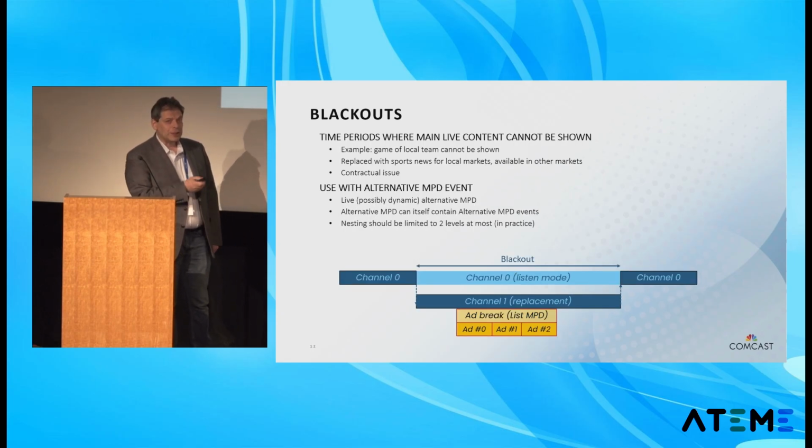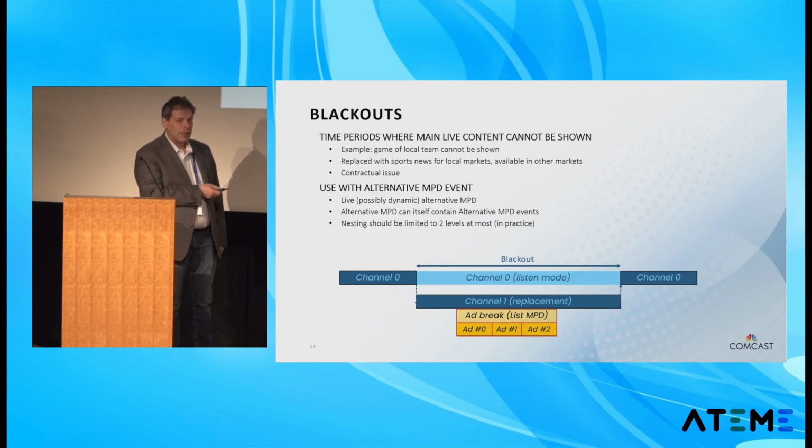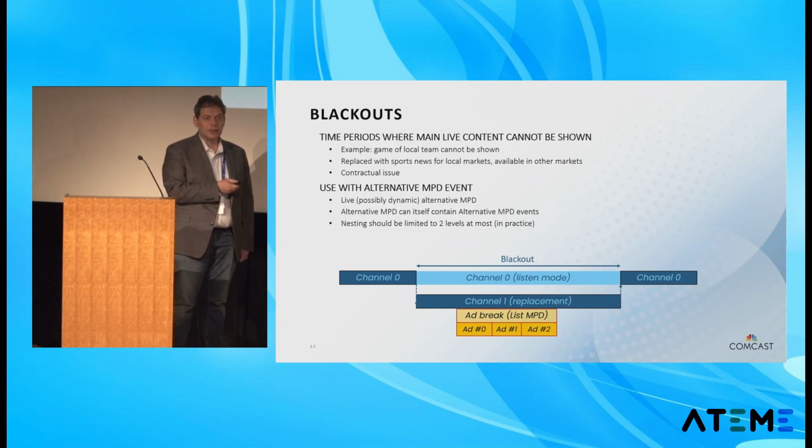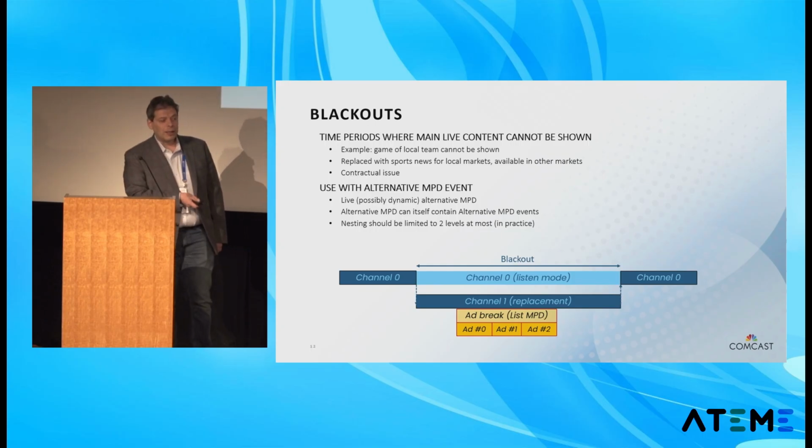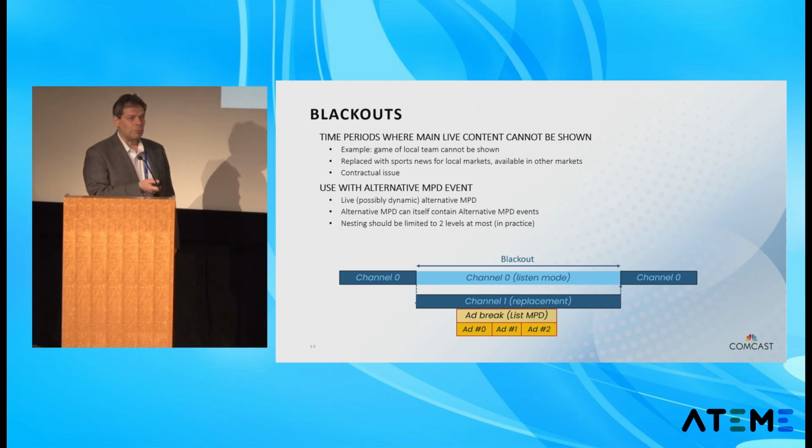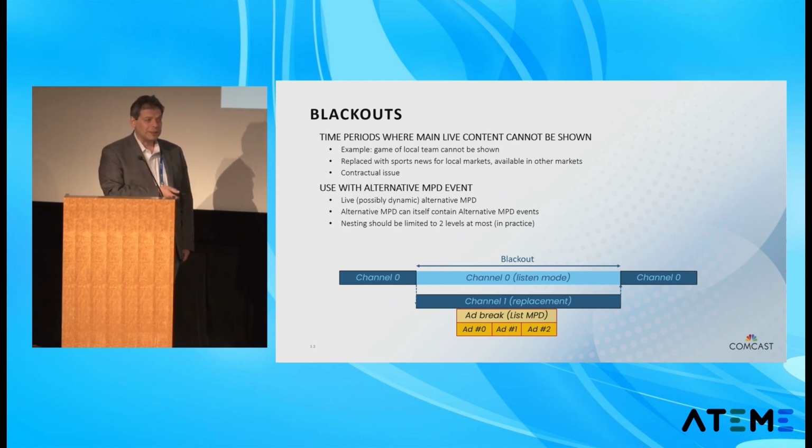One use case that is handled in Dash, but for now doesn't exist in HLS, is blackouts. So blackouts in the US are a painful thing when all of a sudden, for rights reasons, you cannot play a certain football game. So you need to switch to some different content, and then switch back.